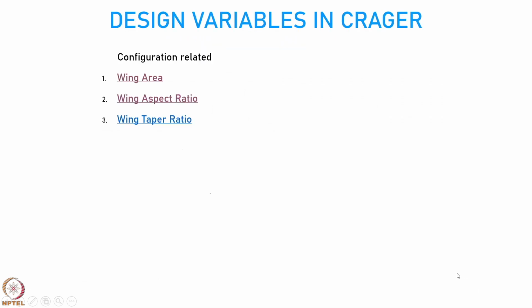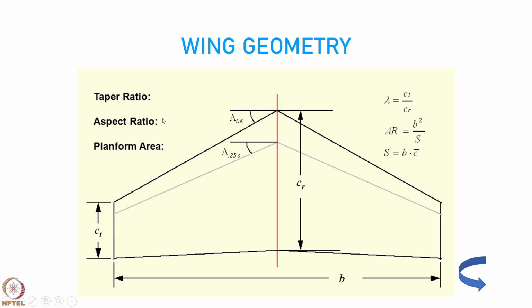Okay. Then there is something called the wing taper ratio. Taper ratio tells you how much is the change in the chord of the wing from root to the tip. So, it is defined as lambda, which is the ratio of the tip chord upon the root chord. Therefore, the value of lambda will be 1 or less.